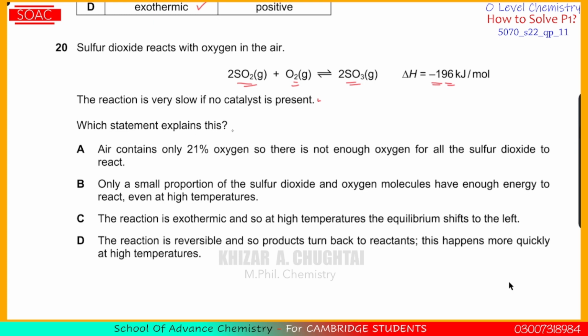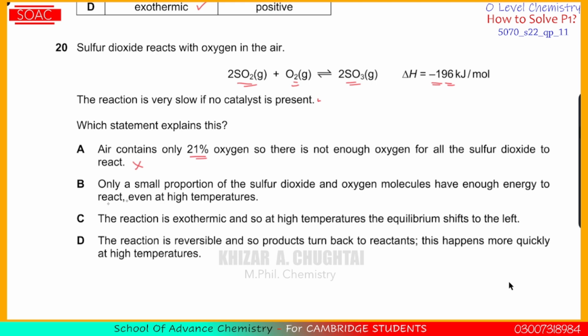Which statement explains this? Option A: Air contains only 21% oxygen, so there is not enough oxygen for all the sulfur dioxide to react. No. With a plentiful supply of air, there is no deficiency of oxygen. 21% oxygen is enough to react with SO2 for complete oxidation.